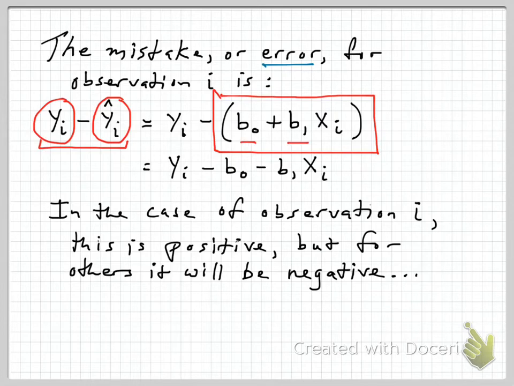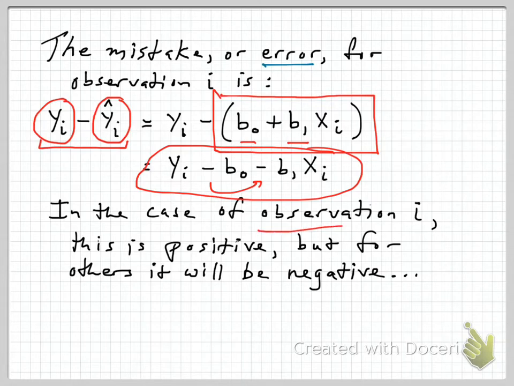So we substitute that in there for yi hat, and then we allow the negative to be distributed, and we end up with this little value here, that the value of the error or mistake for that observation is yi minus b0 minus b1 times xi.